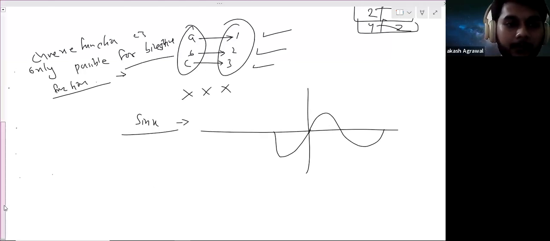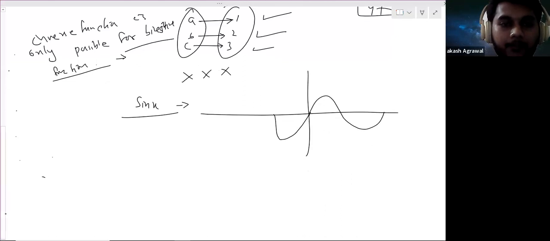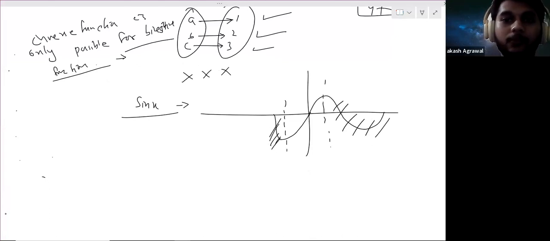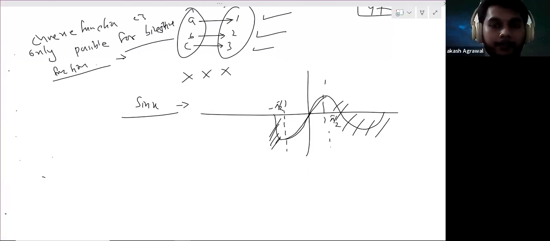So what happens here? We say that I removed the graph of this part, this and this. I'm only looking at sin x from here to here, which is minus pi by 2 to pi by 2. Got my point?